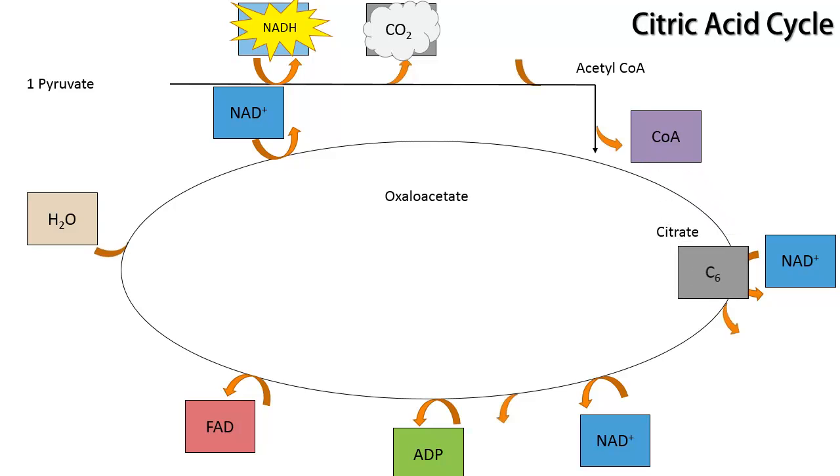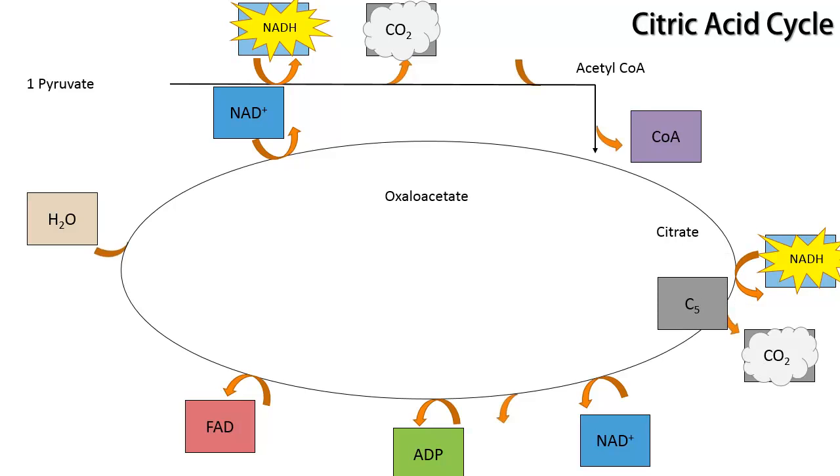The citrate is then oxidized, which reduces NAD+ to create NADH, which is used in the electron transport chain. The new molecule that is produced there loses a carbon atom in the form of CO2. So now we have a C5 molecule. This molecule is called alpha-ketoglutarate.